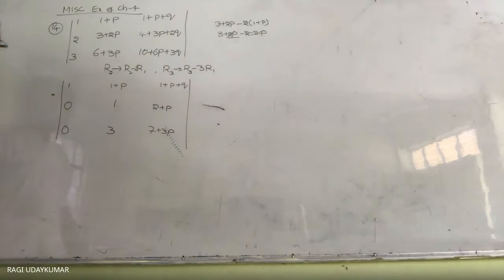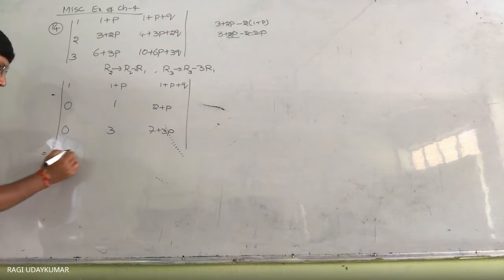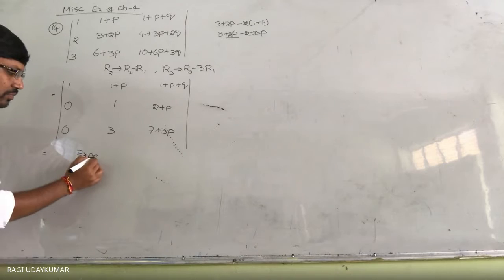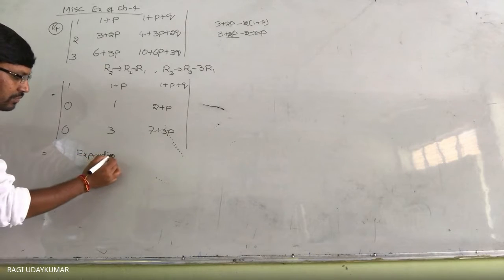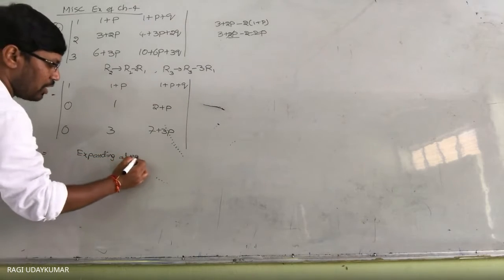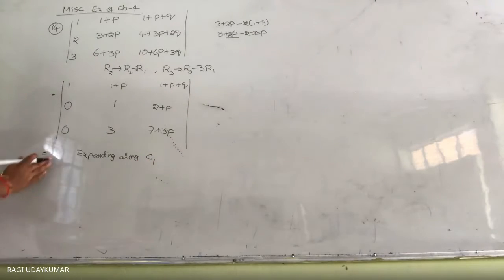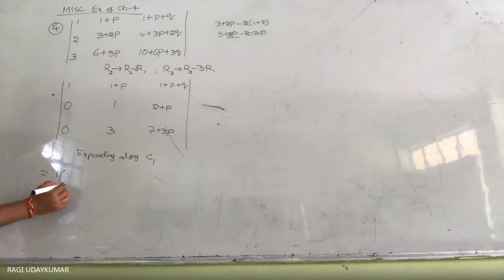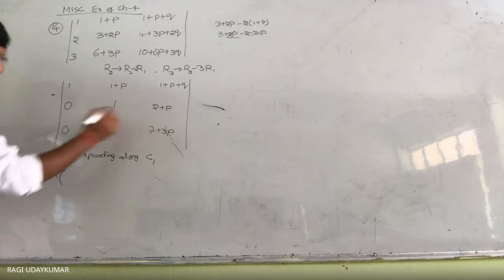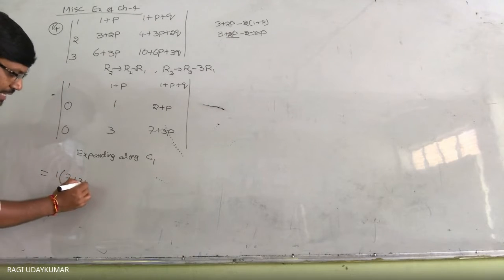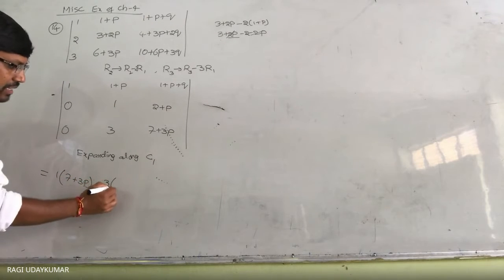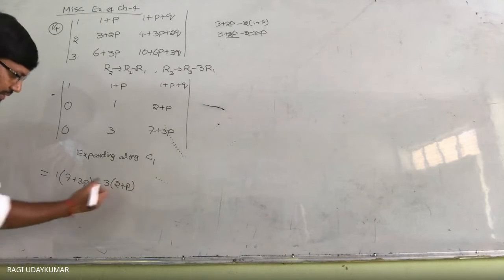This we are getting. Now you expand it by using the first column. Expanding along C1, what do you get here? 1 into these two we have to multiply: 7 plus 3p minus 3 into 2 plus p.